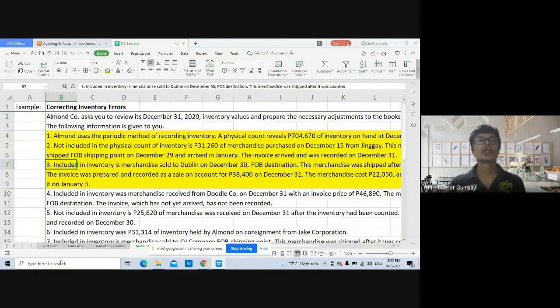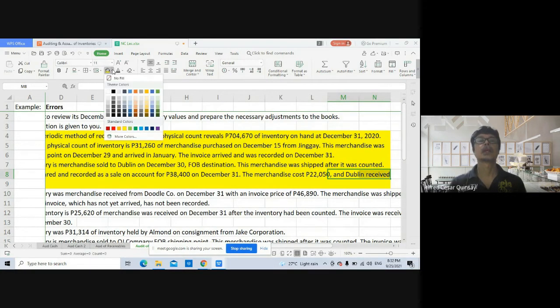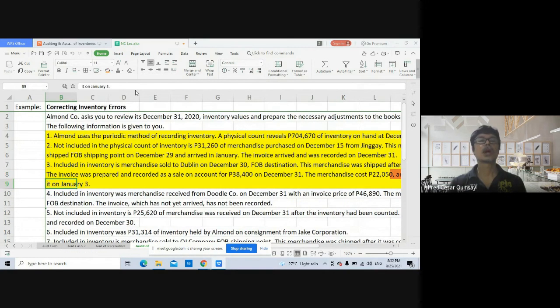Now, we saw here that the merchandise was received by Dublin only on January 3.